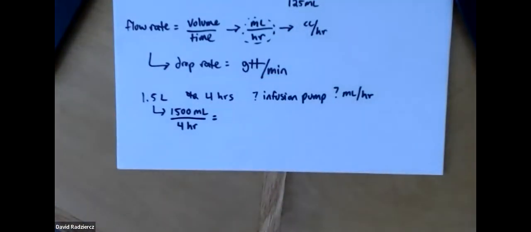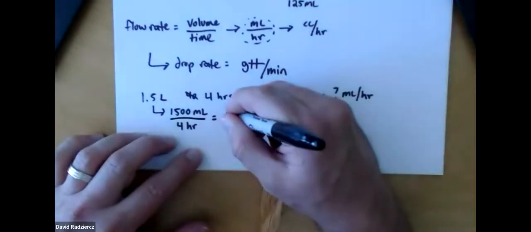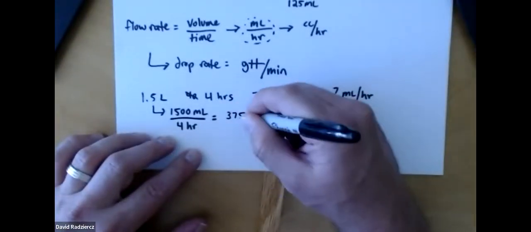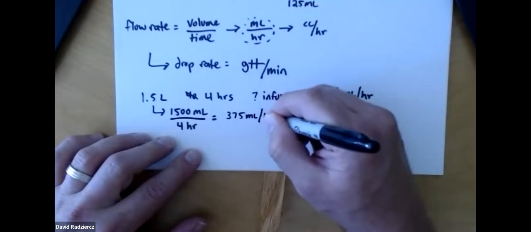I'm going to pull up my calculator. 1,500 divided by 4 is 375 milliliters per hour.